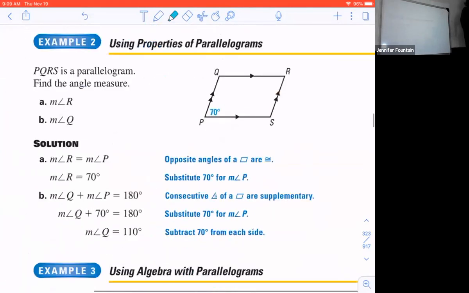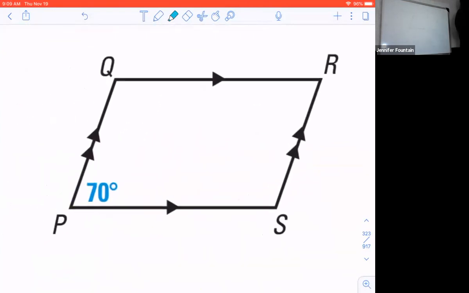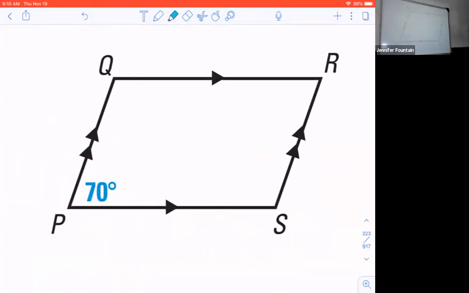Let's take a look at example 2. Using the properties we just talked about, we need to find the measure of angle R. What is the measure of angle P? 70. What is the relationship between angle P and angle R? They're opposite angles, so what does that mean the measure of angle R is?